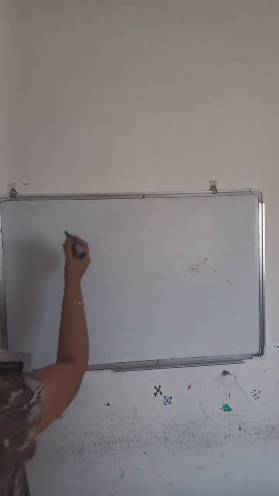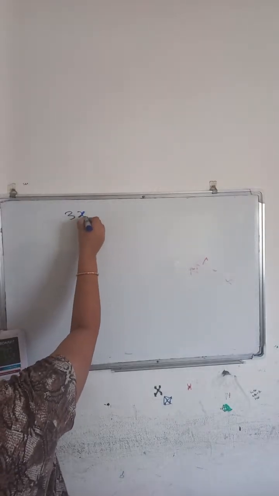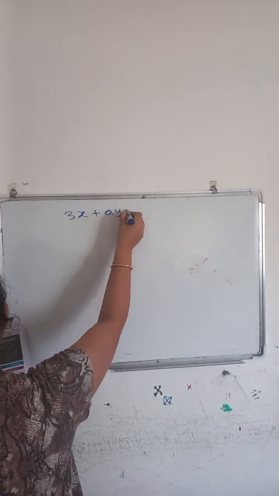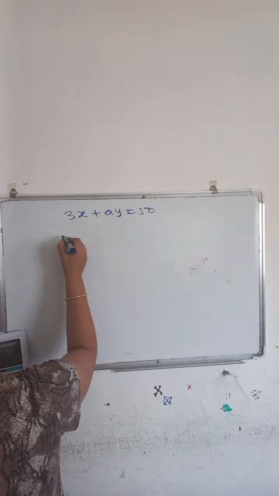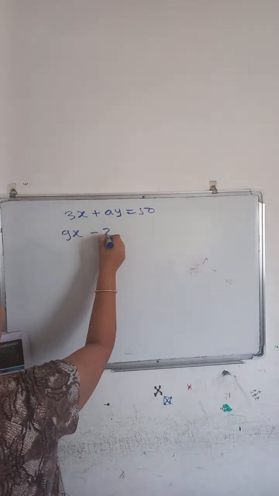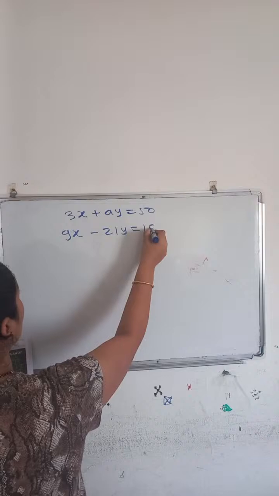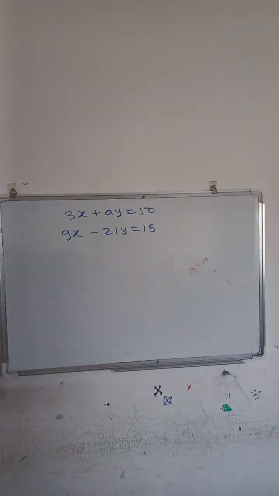Here the equations are given: 3x plus ay is equal to 50 and 9x minus 21y is equal to 15. So here they are saying find the value for a.